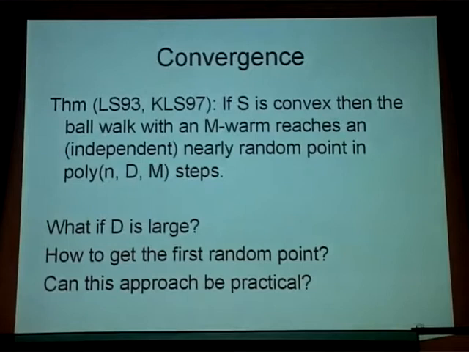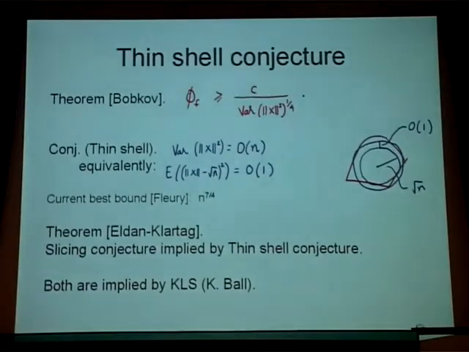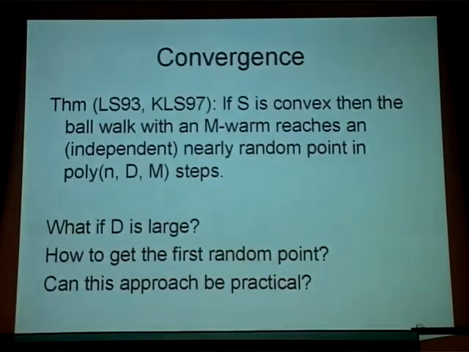Okay, so going back to why we came to these conjectures, given good isoperimetry, we can then conclude that for a convex set, the ball walk, starting from what's called a warm distribution, so you can't start anywhere, and we'll see why in a second. If you start from a point that's somewhat random, then you will reach a random point in polynomial number of steps.